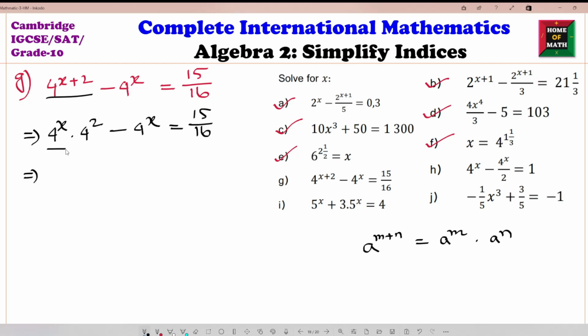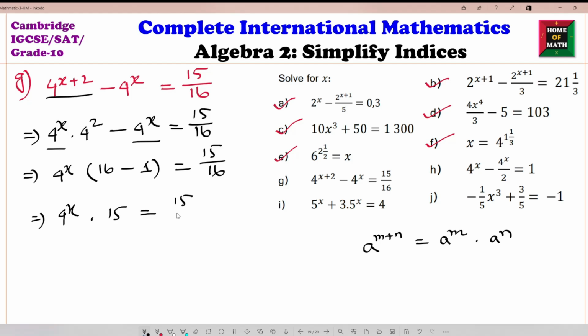Now we have 4 to the power x in both terms, so we can take it common. Here 4 squared is 16, and minus 1, so 4 to the power x times 16 minus 1, which is 15, equals 15 divided by 16.